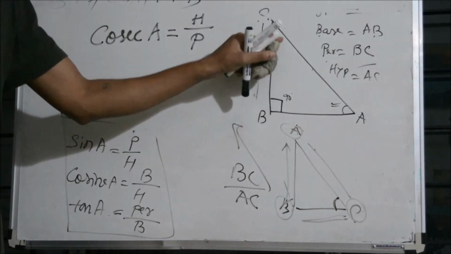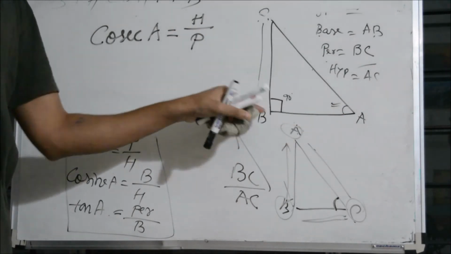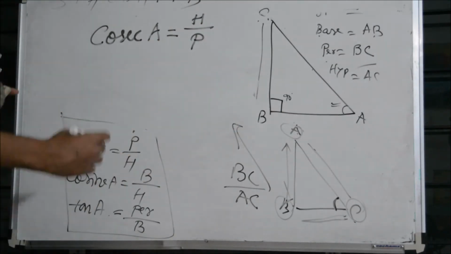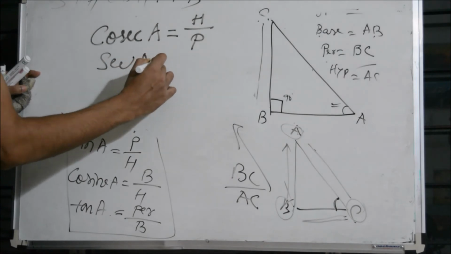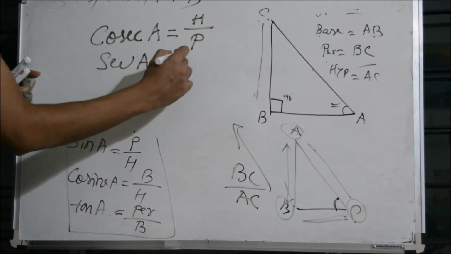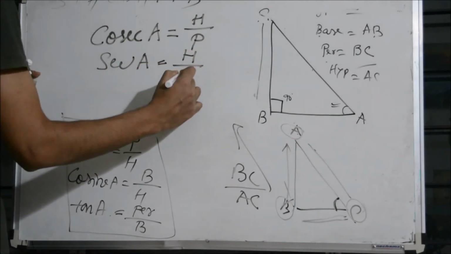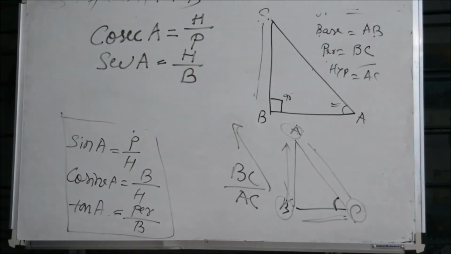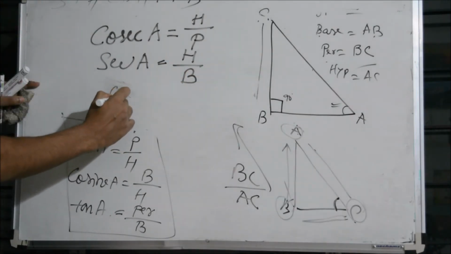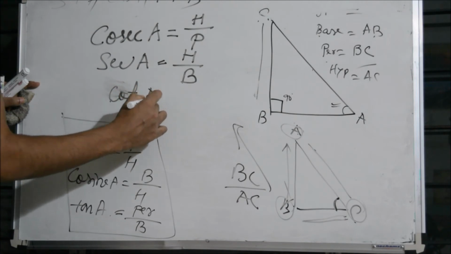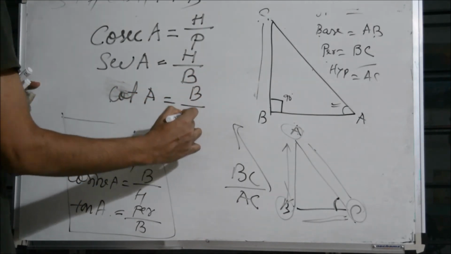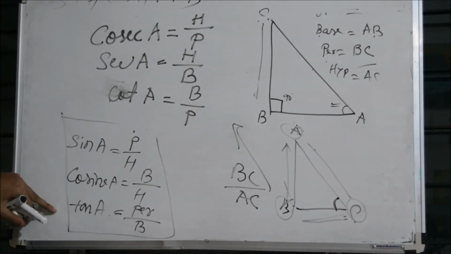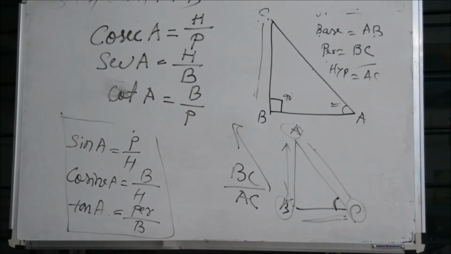Hypotenuse will be AC by perpendicular will be CD, and sec of angle A will be hypotenuse by base, and sixth is cot. Cot of angle A is base by perpendicular. So these six are your trigonometric ratios.